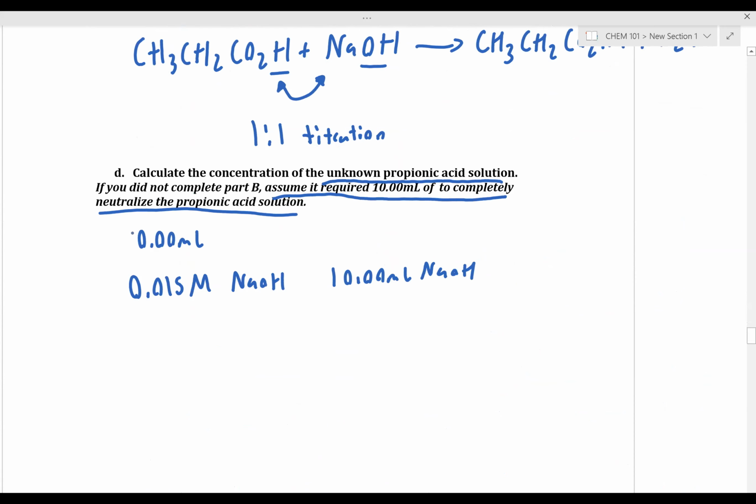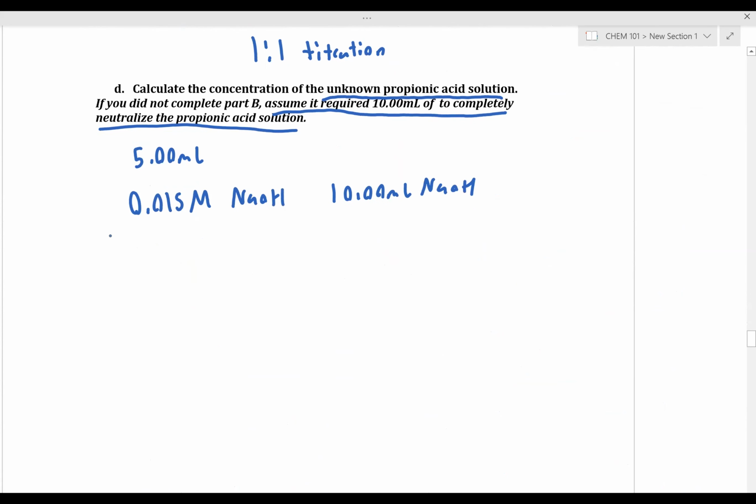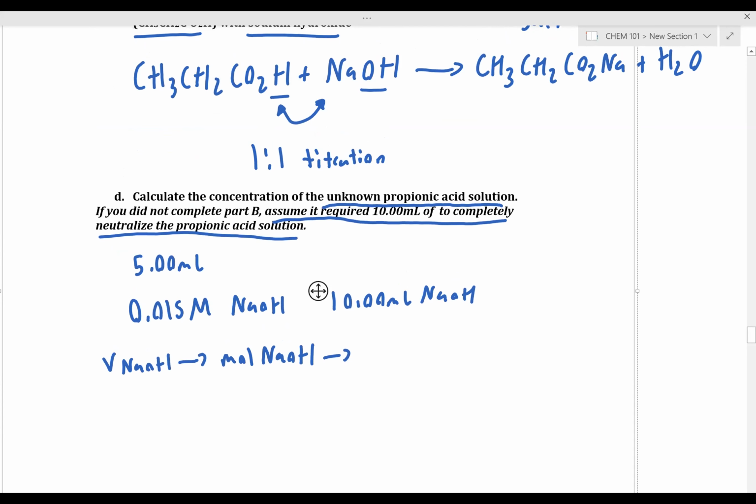Okay. So then, given this data, we're going to first start from the volume of NaOH, and we're going to calculate the moles of NaOH. From the moles of NaOH, given that we know our chemical equation, can we calculate the moles of acid? At the equivalence point, do we have a relationship between the moles of NaOH and the moles of acid?